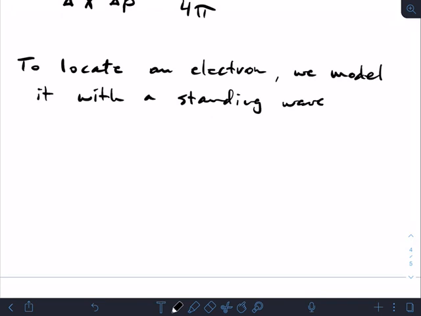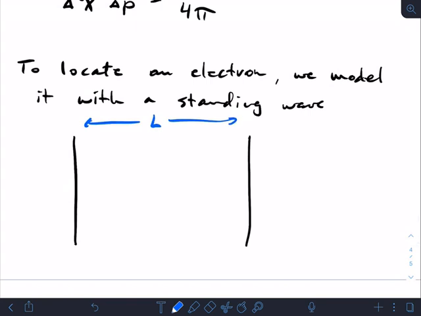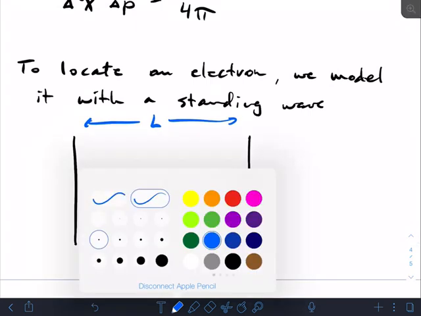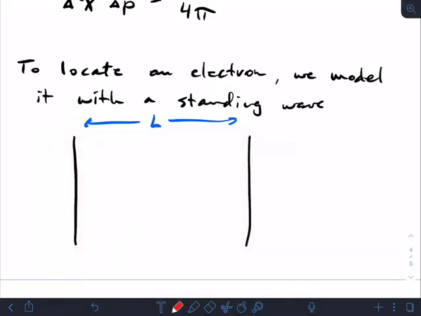Okay, and the easiest way to do that is with a thing called a particle in a box. So let's imagine that we have a box with a length L. And flying around in that box, we have one particle in one dimension.